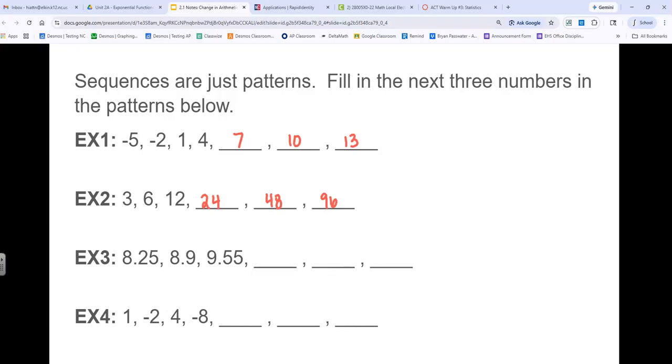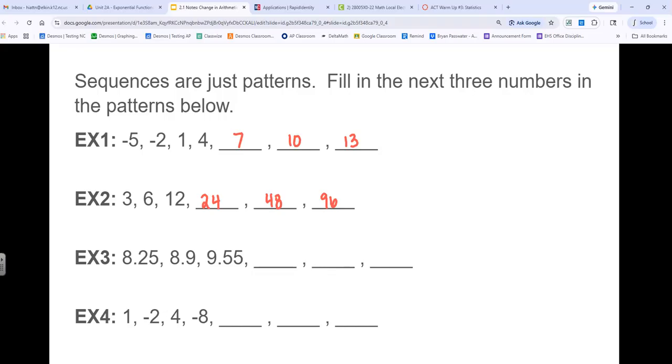The next couple are a little bit trickier. Henry wouldn't see these two on his homework yet. So 8.25, 8.9, 9.55. I gotta double check you because my mental math is failing me right now. I think you're right.